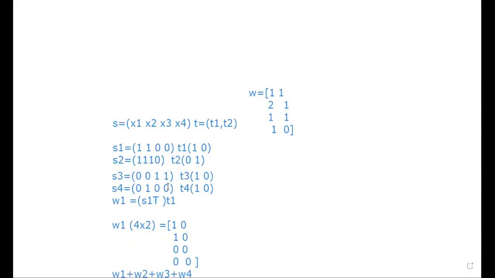So similarly, you have your T vectors also, 10, 01, 10. So you need to go for the product of each S vector with each T vector. Si multiplied by Tj.